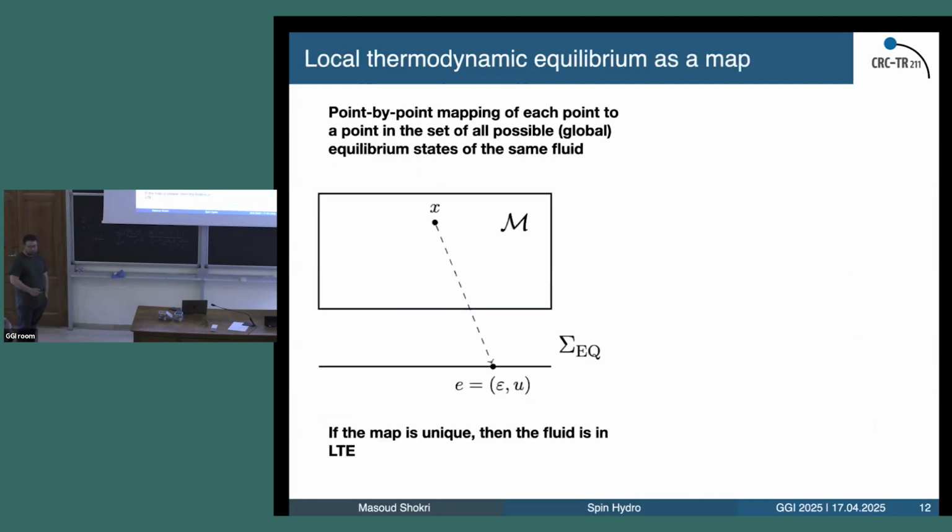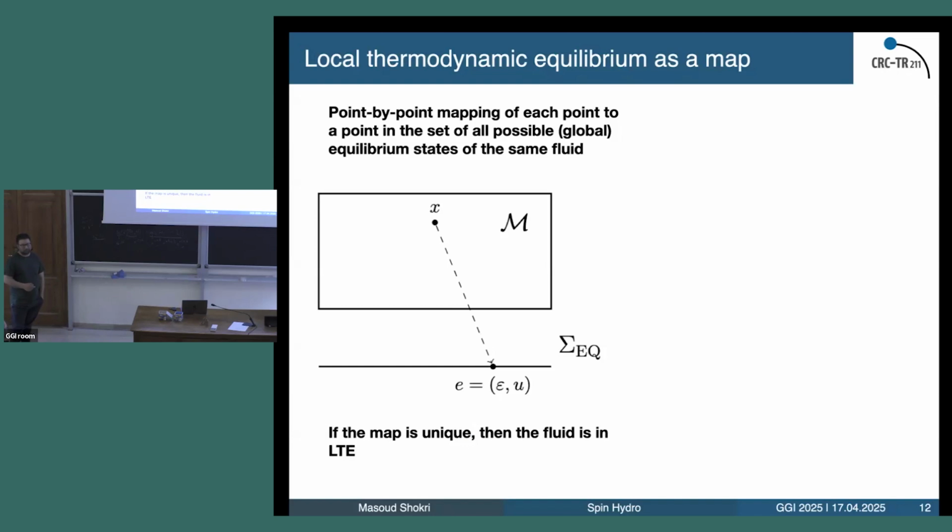Now, what happens in the so-called local thermodynamic equilibrium? We can think about local thermodynamic equilibrium, of course, as a state in which each fluid cell is a closed thermodynamic system.